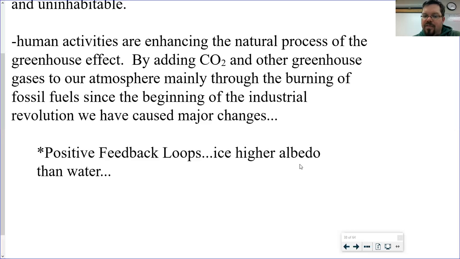Okay? So ice has a higher albedo than water. Ice has a higher albedo than that of land surfaces. So this further causes a temperature increase, which pushes climate change even faster. So it has this sort of snowball effect on what climate change is doing.